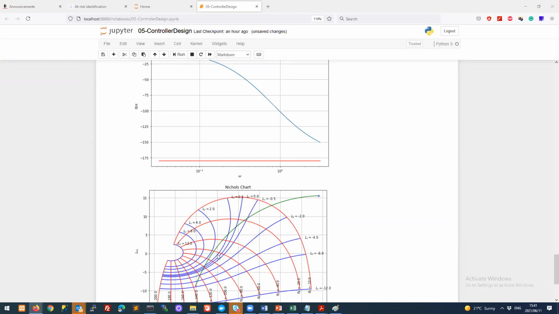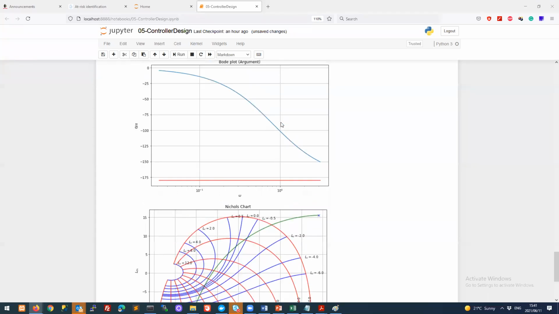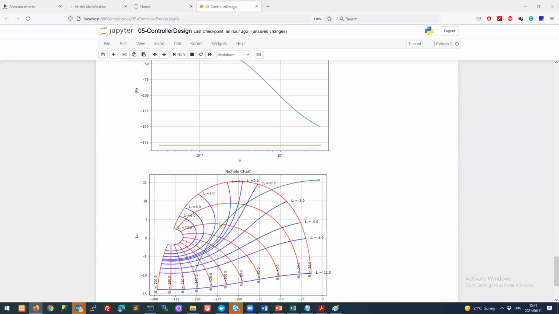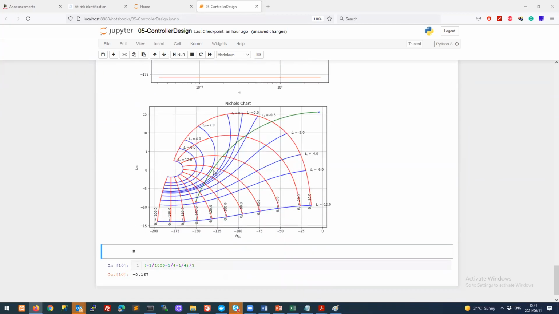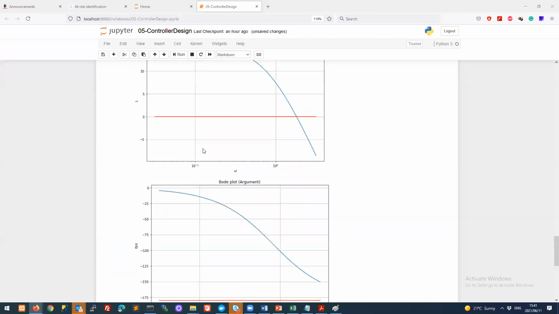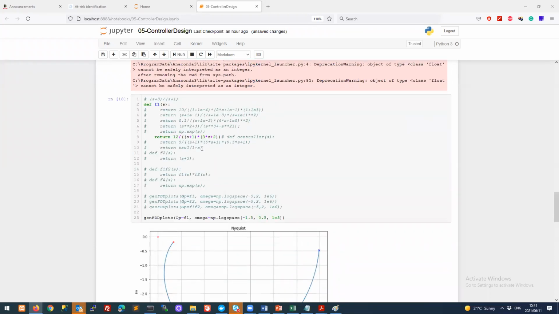So we shift our green curve, which is obtained by producing all the Bode diagrams, until it's approximately tangent to this LC equals 2 line. That tells us what the KP value was.